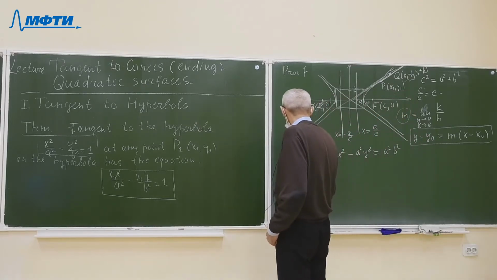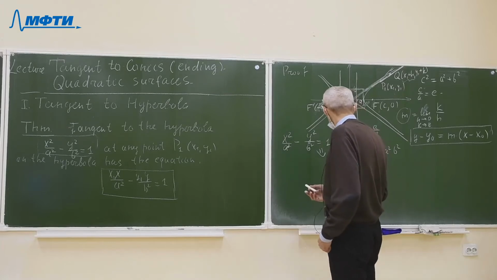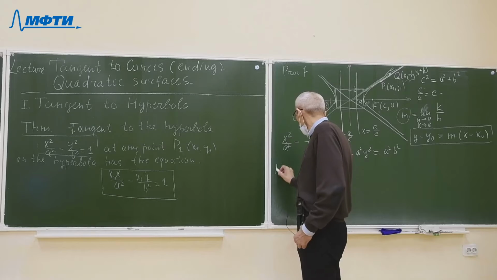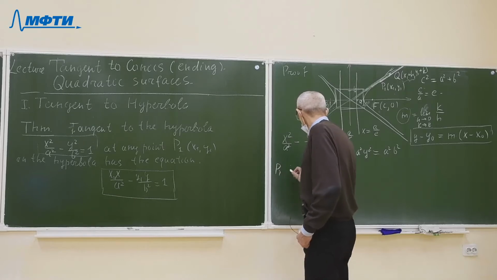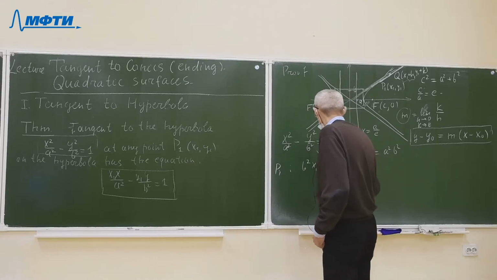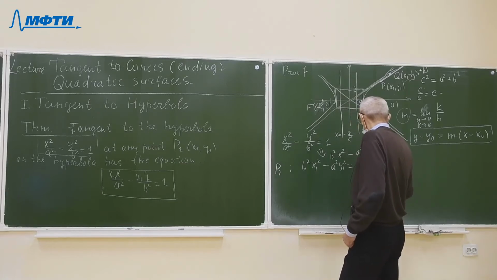And we obtain the two following equalities. First, the equality for the coordinates of point P1: b squared times x1 square minus a square y1 square is equal to a square b square.